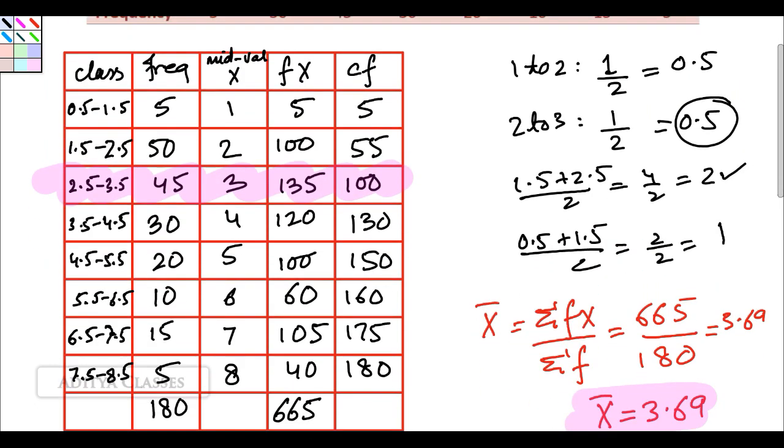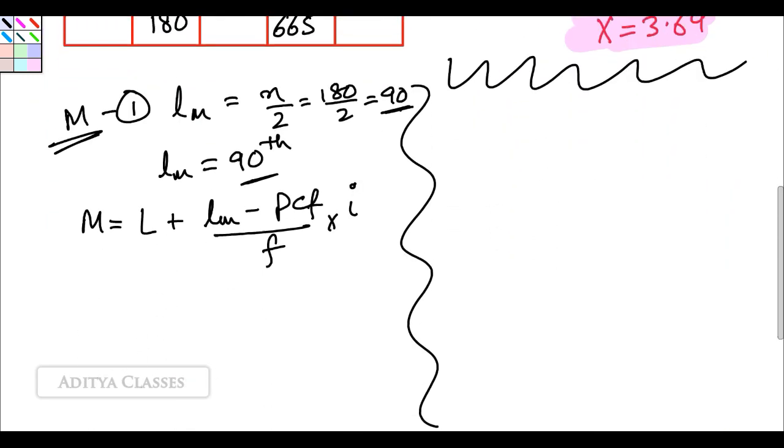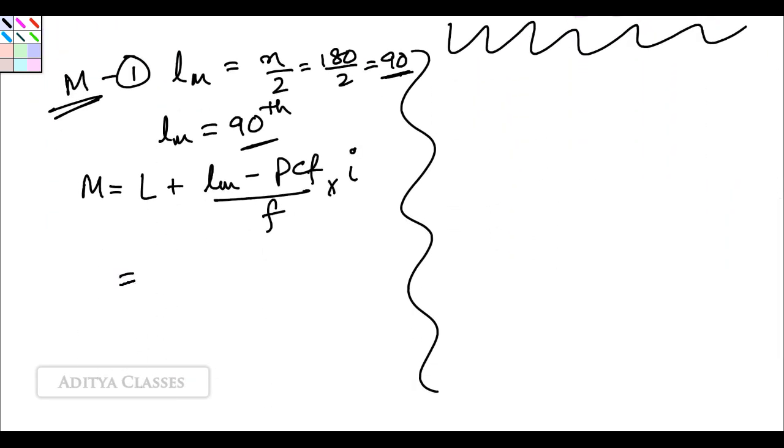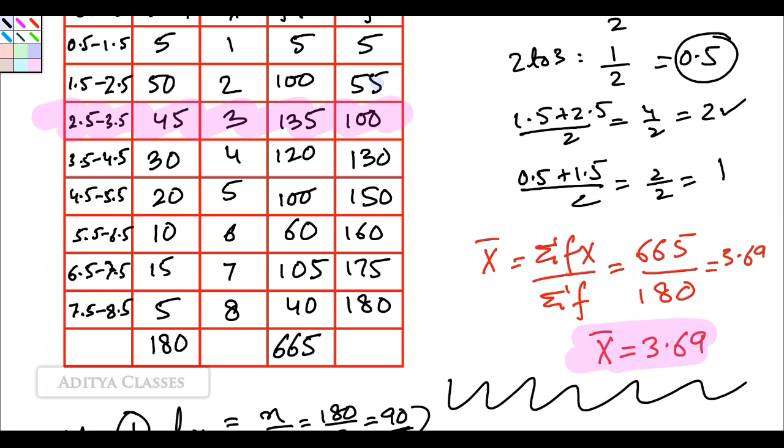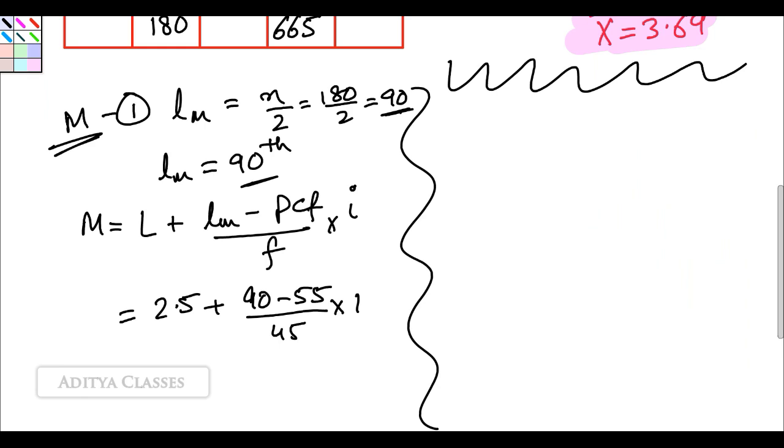Frequency of median class is 45 and interval is 1. So let us put these values over here and see what is the value of median. Lower limit was 2.5, location was 90 minus preceding CF was 55 upon frequency being 45 and 1.